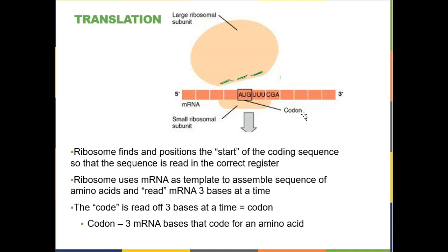So the translation is going to take place in 3-letter words on the mRNA called codons, and each codon is going to call for, as it says down here, a specific amino acid.